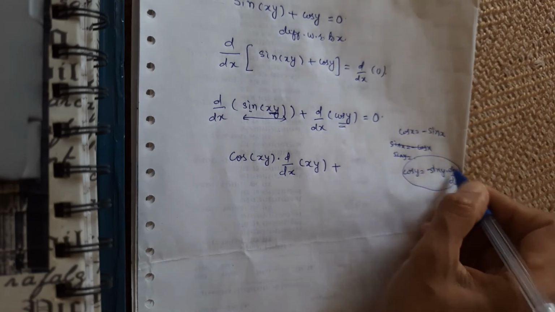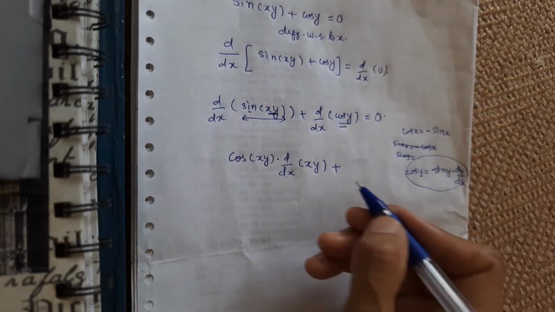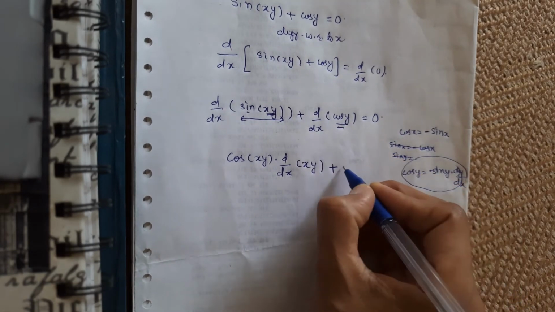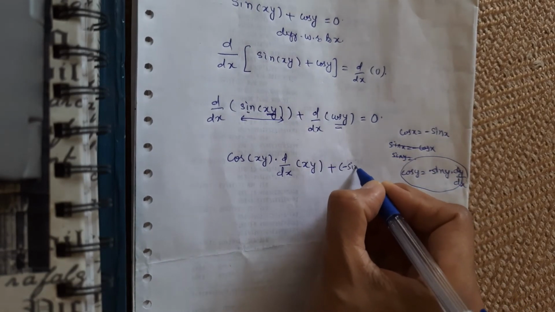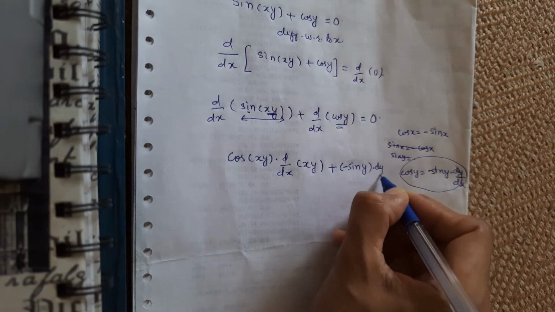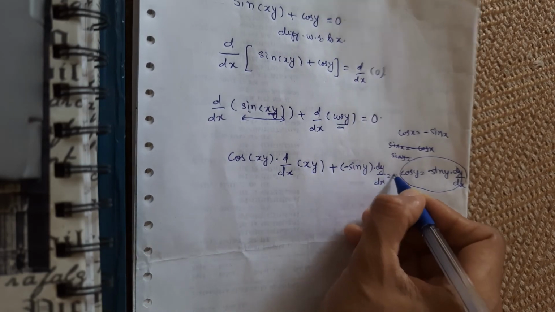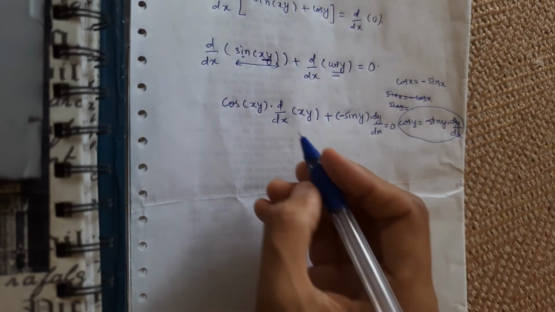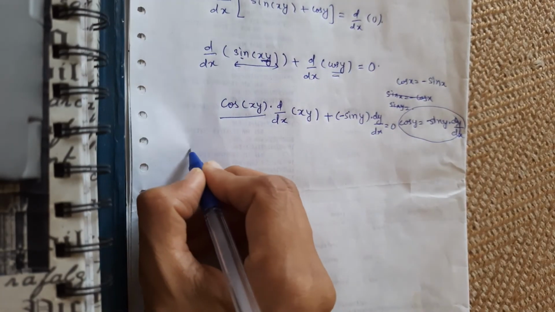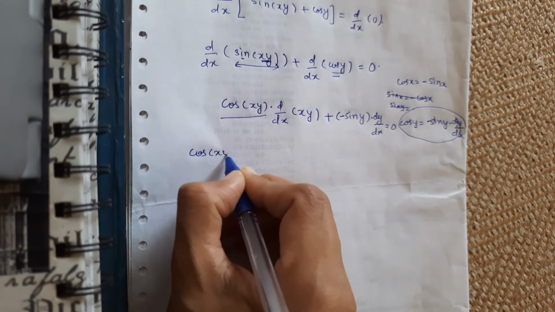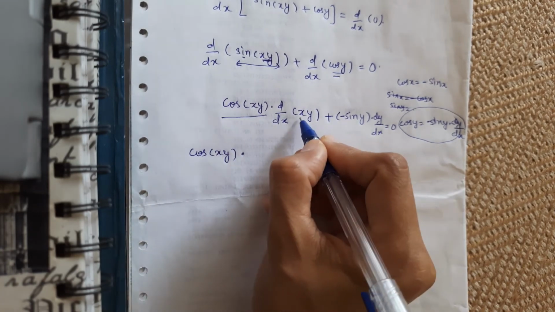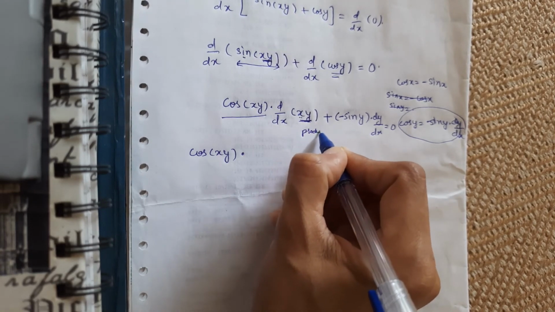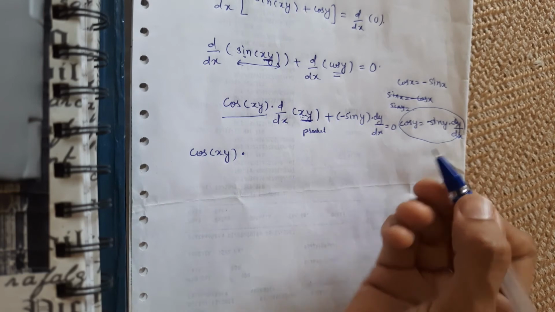That is the difference that we have observed. So I'll just write it here: plus minus sin y into dy/dx equal to 0. Just ignore the bad handwriting. Now what I get here is cos(xy) into the derivative of xy. Here I need to apply the product rule because the multiplication sign is there.